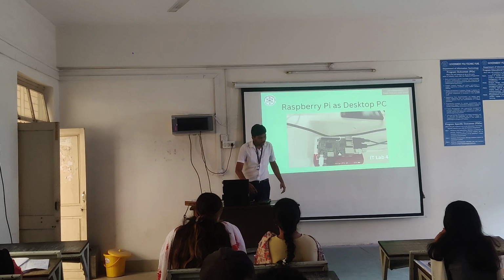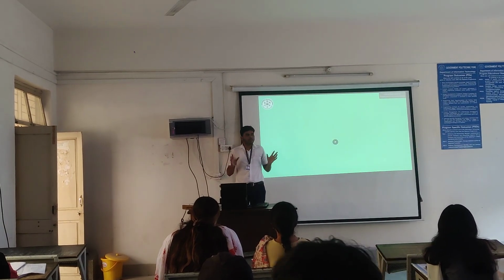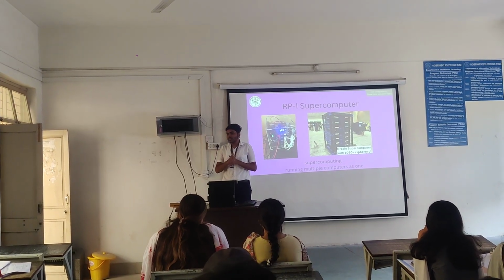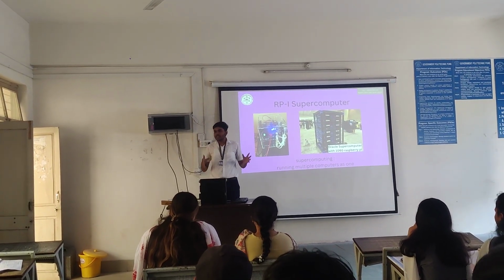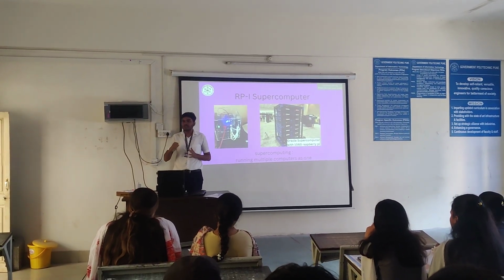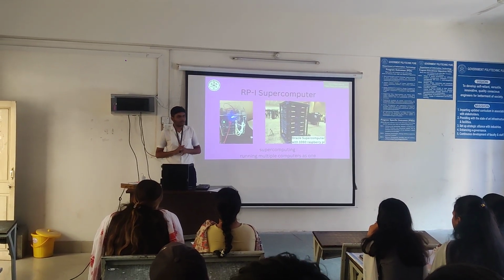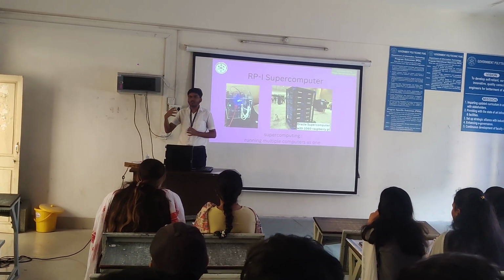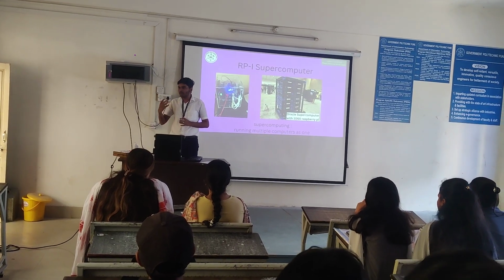So what basically is a cluster? When multiple devices work simultaneously on a single task, it is known as a cluster. We connect all these devices and utilize the resources as one. So we can create a Raspberry Pi cluster or supercomputer by using more than one Raspberry Pi.